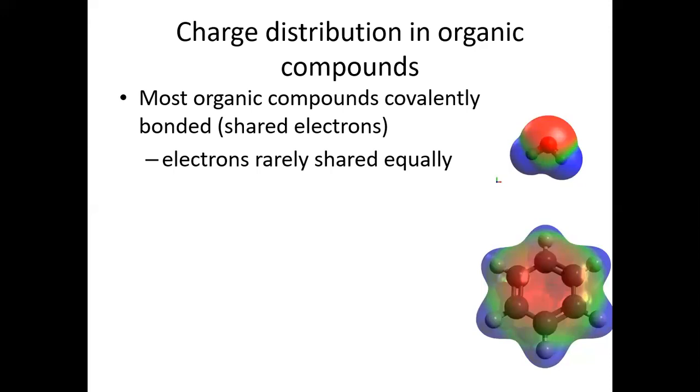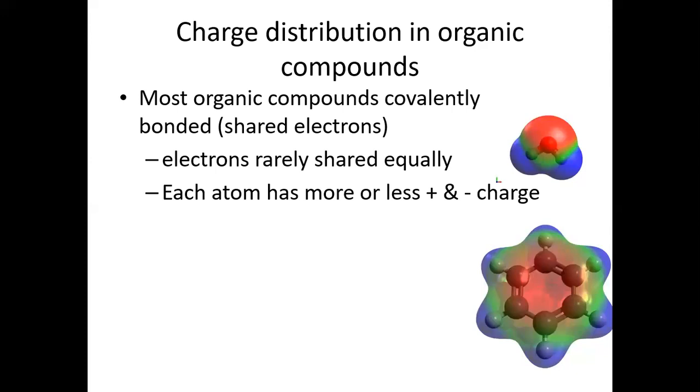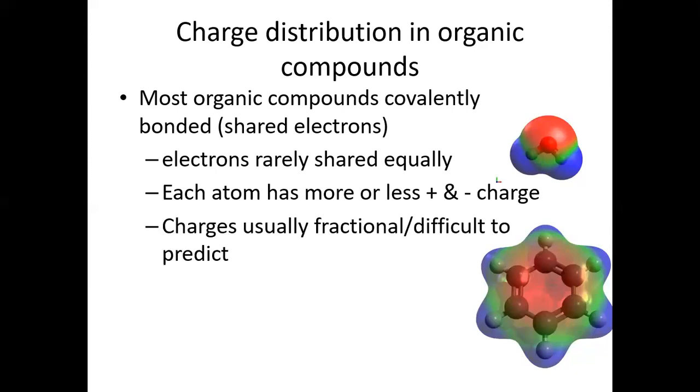They're much closer to the oxygen. The one below is called benzene, something we did talk about way back when, and it's going to come up a lot more often. You can see here that the electron density is right in the center between all of those carbons, and those are hydrogens on the outside. Okay, so each atom has more or less a plus or minus charge, but it's more of a partial charge.